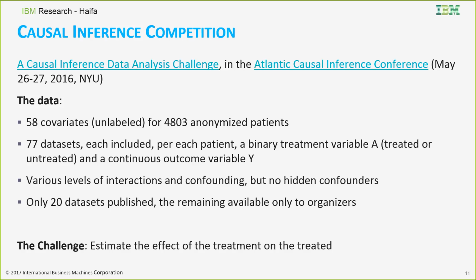So even from these 20, they didn't publish the effect, just the treatment assignment and the outcome. And the challenge was to estimate the effect of the treatment on the treated, both at the population level but also at the individual level.